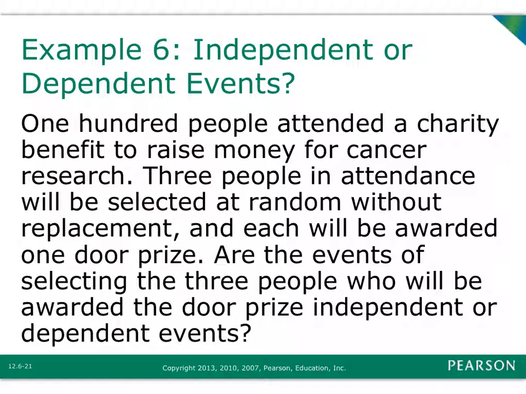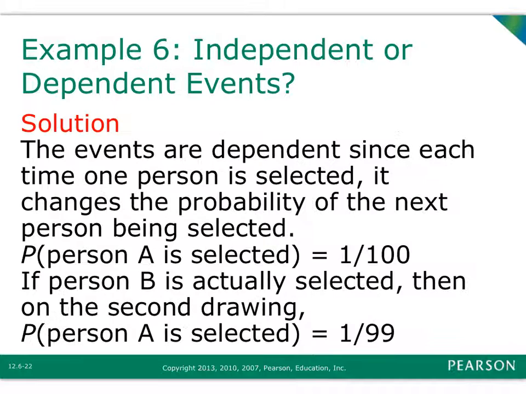Well, the key here is without replacement. If we select people without replacement when we're doing the drawing, of course, guess what? It's going to be dependent events. So therefore, the solution is dependent, since each time one person is selected, it changes the probability of the next person being selected.